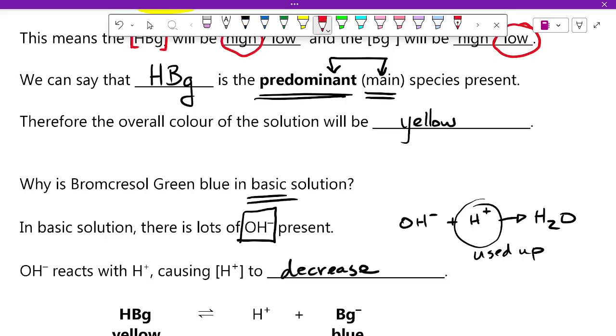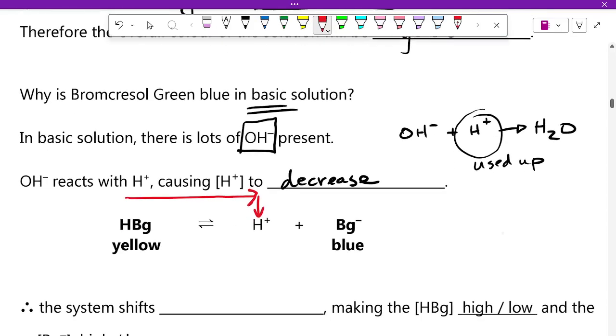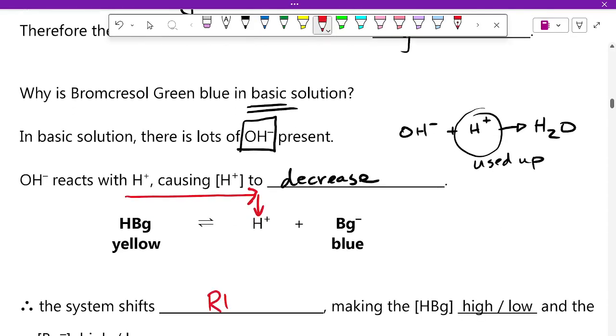And if our concentration of hydrogen decreases, which way does the equilibrium shift? To the right. And if it shifts to the right, that makes the concentration of HBG low, and the concentration of BG minus high.